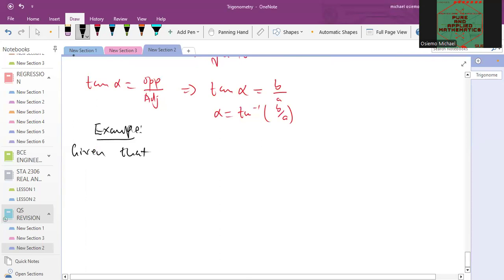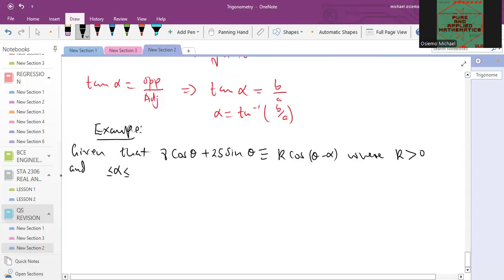that 8 cos theta plus 25 sin theta is equivalent to R cos theta minus alpha, where R is positive, that is R is greater than 0, and alpha is between 0 and 90 degrees.